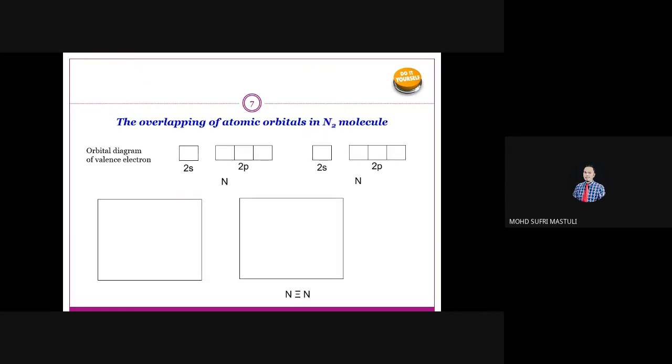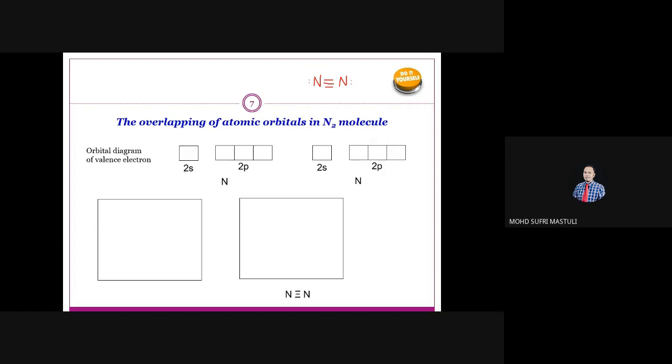Okay. We go to another example, which is nitrogen. We know the Lewis structure of nitrogen is like this: a triple bond, and they have a lone pair. We are confident enough; we know how to draw this.